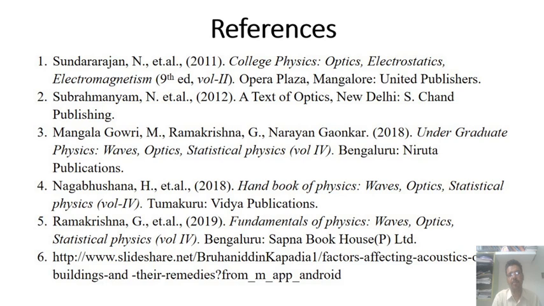Similarly, the remaining four authors explained the same concept in a prescribed textbook based on the syllabus planned by Tumkur University: Mangala Gauri, Nagabhushan Sir, Ramakrishna, and I also referred to SlideShare and many different journals and books.